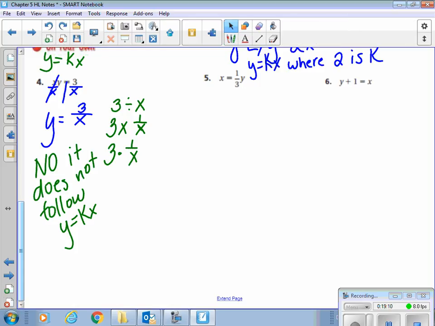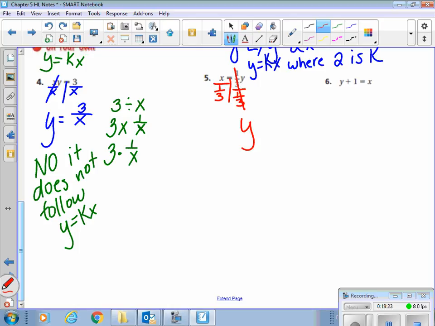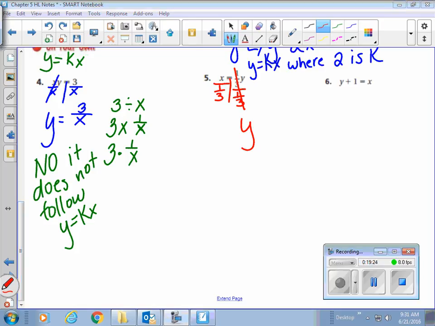In number 5, to get y alone, I'm being multiplied by 1/3, therefore I'm going to divide both sides by 1/3. Right? These cancel out, leaving us with y. And then we're going to do x divided by 1/3 on the other side. So notice I have x as my numerator.